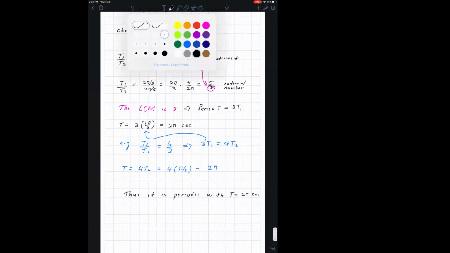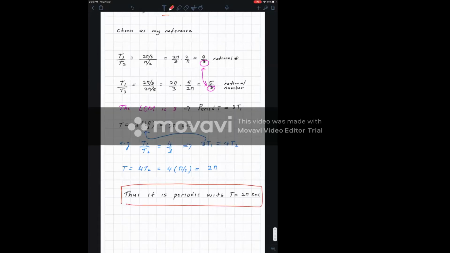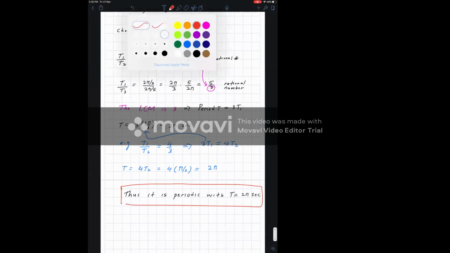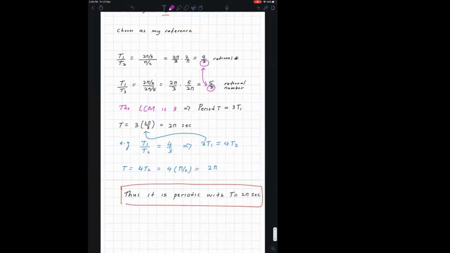So that is the answer. This is just to show you that these two give you the same answer, this and this, the one in blue. Anyway, let's move on. Got any questions here?